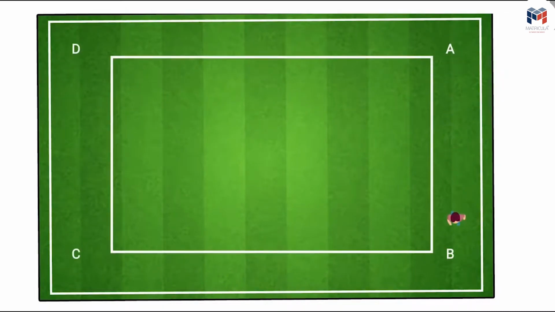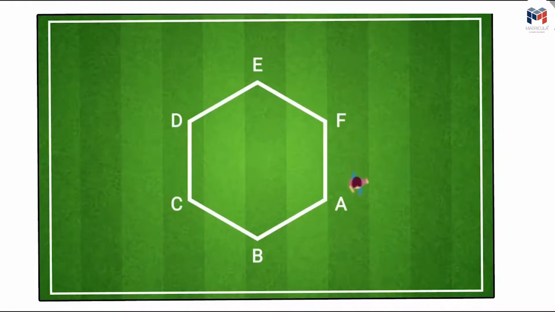How many times will the athlete have to change her direction of motion while completing one round of the field? The athlete has to change her direction of motion 4 times in a rectangular track. Now, the athlete is running on a hexagonal path A, B, C, D, E, F. How many times do you think the athlete has to change her direction of motion?